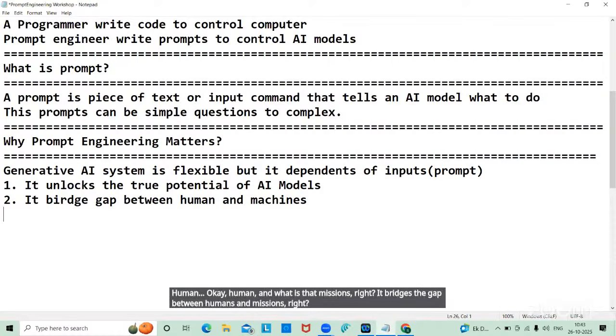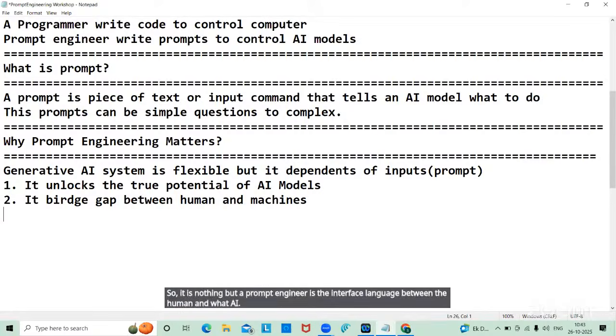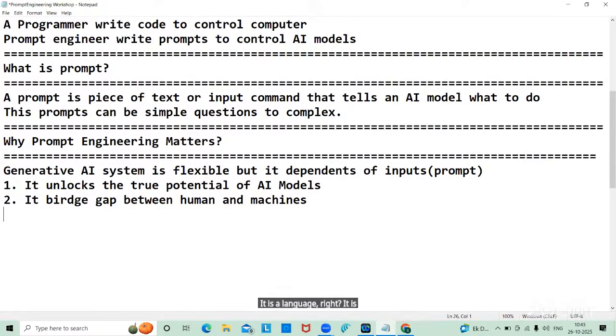A prompt engineer is the interface language between the human and AI. It is a language by which you are communicating with AI. So prompt engineering can be called an interface between humans and AI. To become a prompt engineer, you don't need to be a programmer.